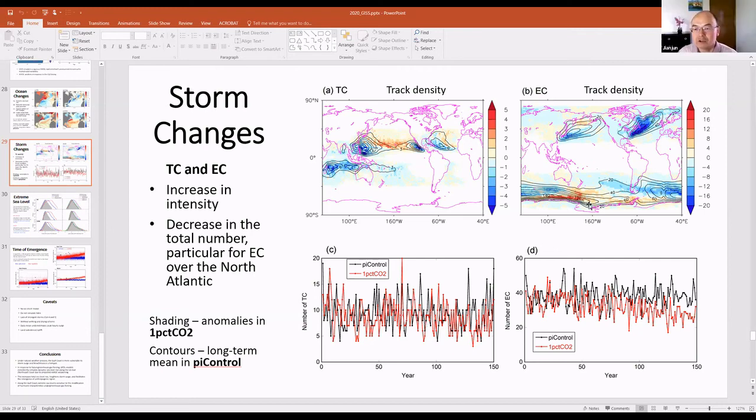Yeah, thanks. This contour is the track density. I think this is the total number per decade. The contour is the control simulation, and the shading is the anomaly in the CO2 experiment.